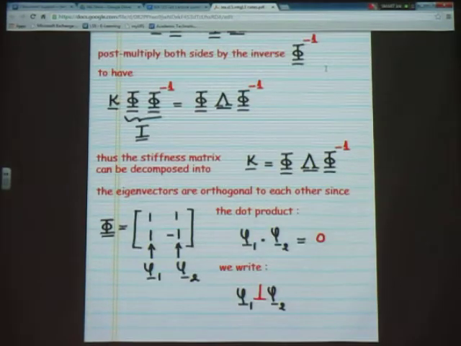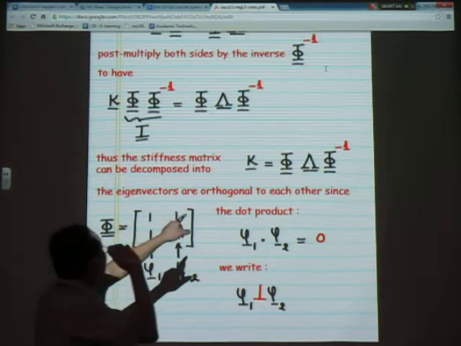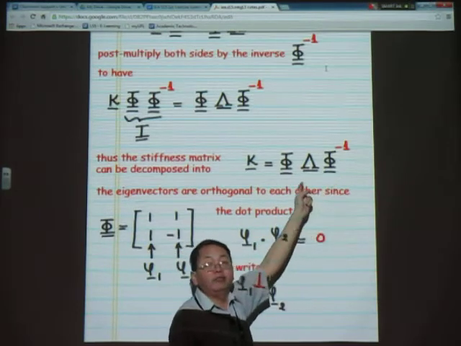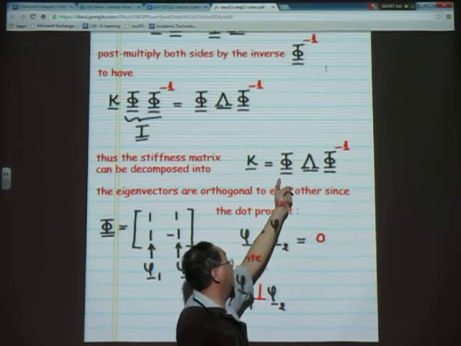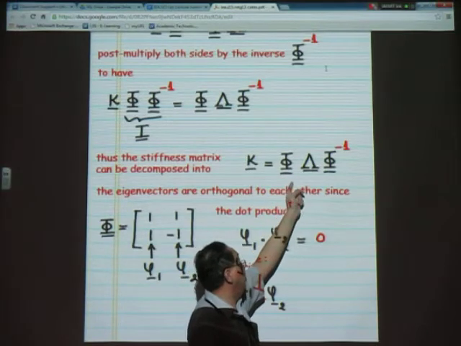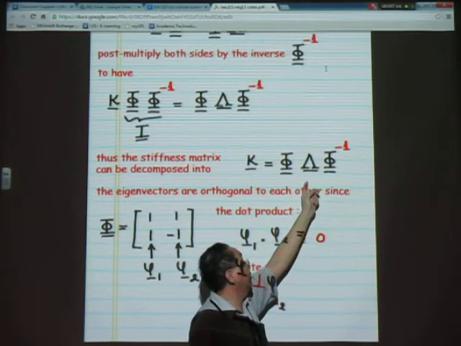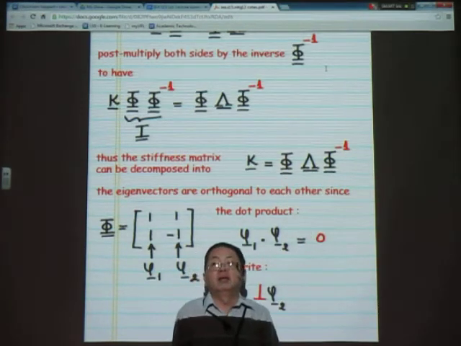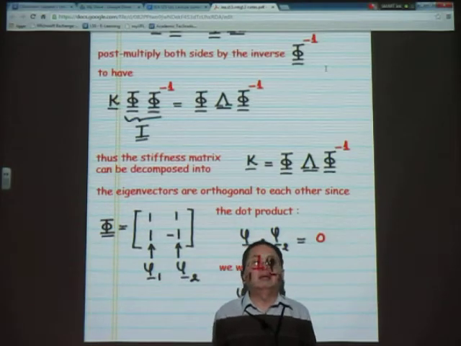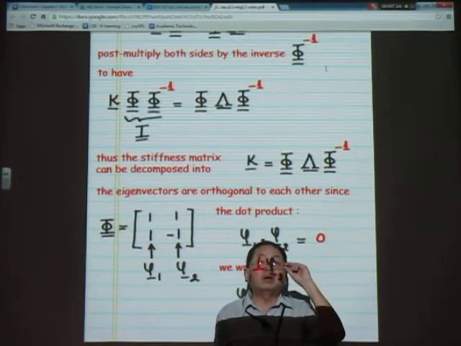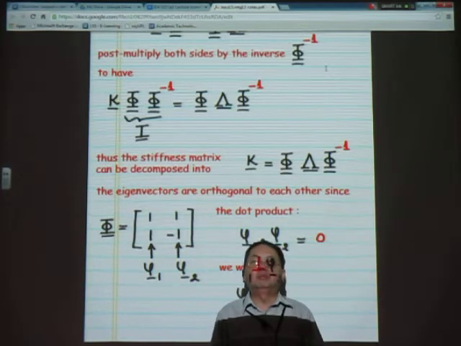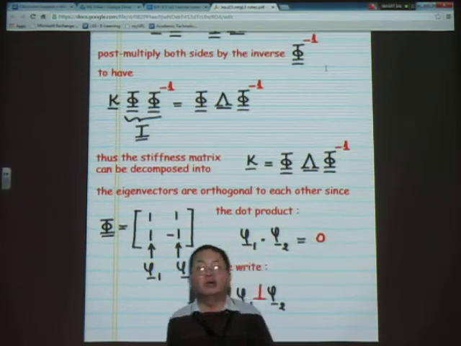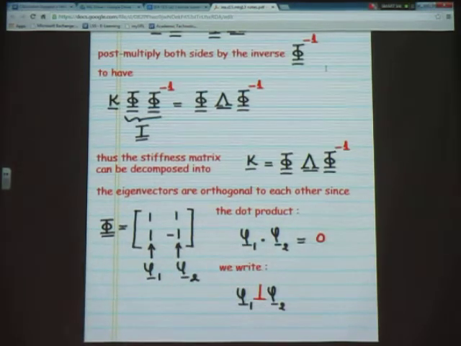Okay, so I have shown to you that the stiffness matrix can be decomposed into this product of 3 matrices. In fact, big phi, lambda is a diagonal matrix with the eigenvalues, and the inverse of big phi. Okay. Quick active learning credit question or critical thinking question, just to connect you to what is on this handwritten notes itself and what I said in the previous lecture.